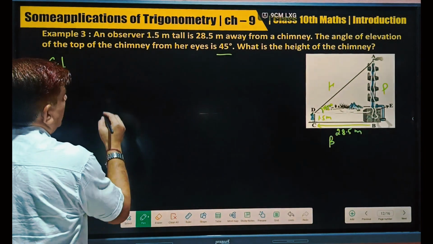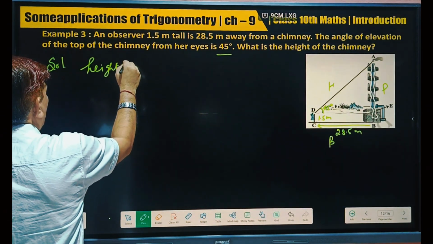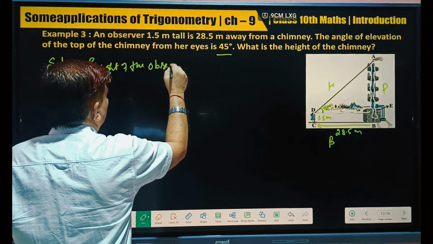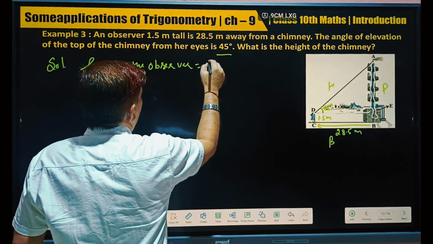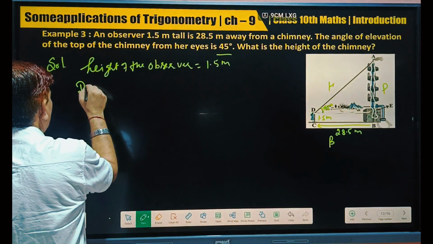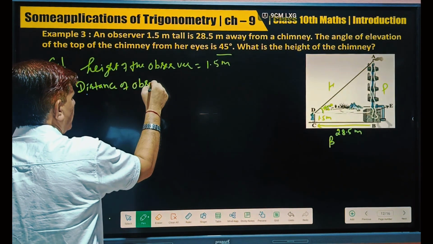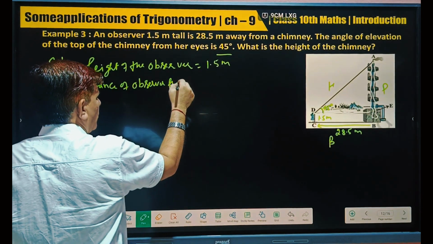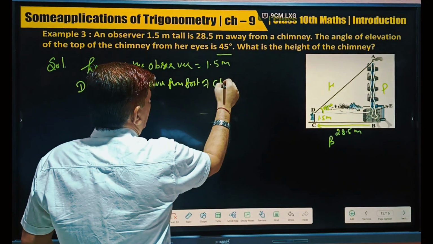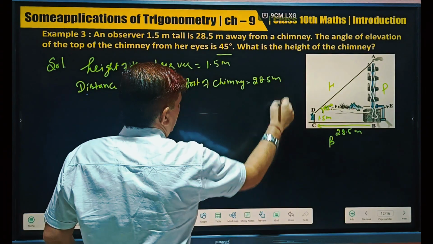So here you can write height of the observer, how much? 1.5 meter. Distance of observer from foot of chimney is 28.5 meter.